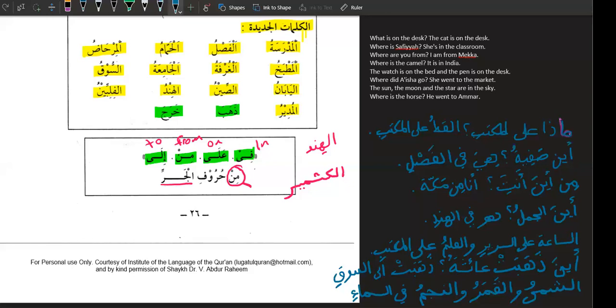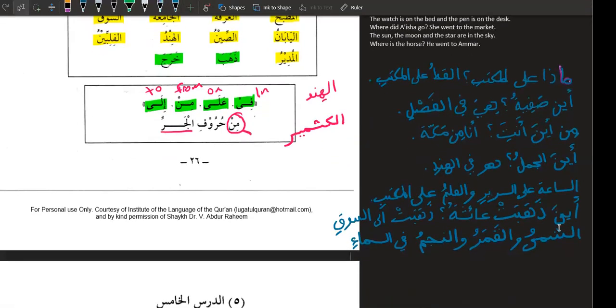And then we have the last one. So where is the horse? أين الحصان؟ He went to Ammar.